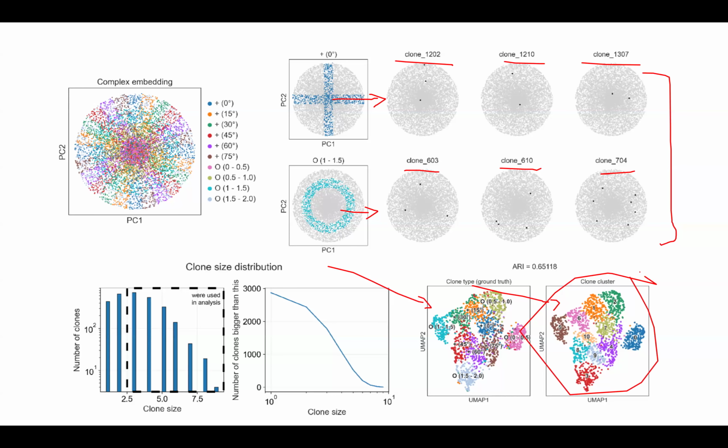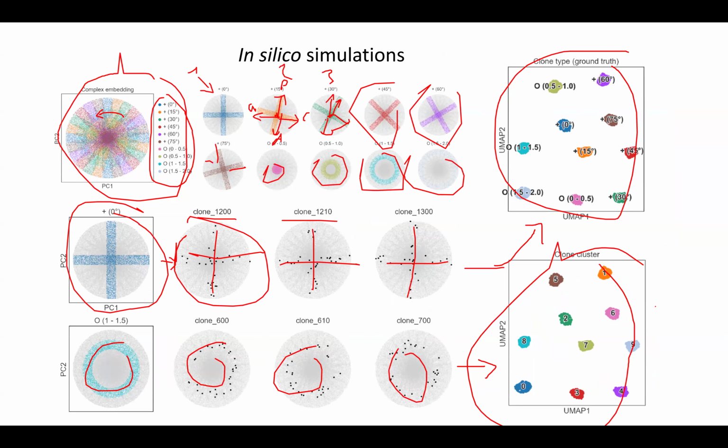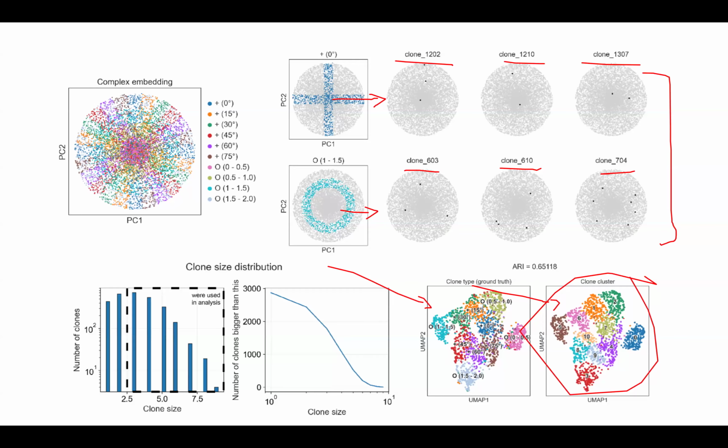Now this separation will not be as good as this separation, which you can see here, right? These clusters are very far apart. They're very discrete, very nicely spaced out. Here, they're not as nicely spaced out because there are lots of dropouts, but we still recover them. We can still return to some ground truth, and we can still see that we understand which clonal behaviors are different from other clonal behaviors.